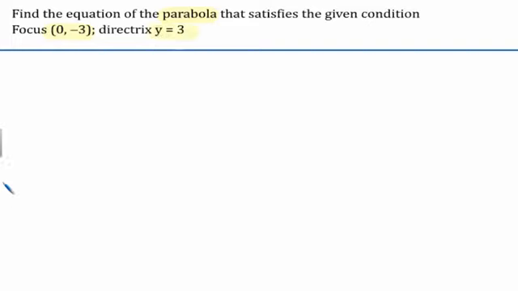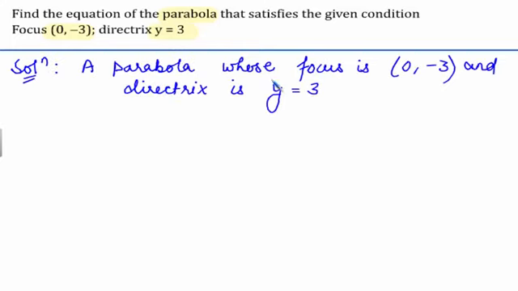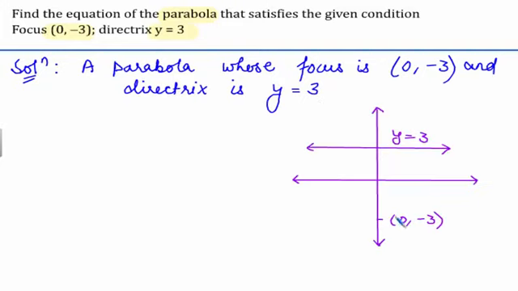Here we are given a parabola whose focus has coordinates (0, -3) and directrix is y = 3. Thus, according to the given information, the focus is on the y-axis, which is on the negative side, and the directrix is parallel to the x-axis.